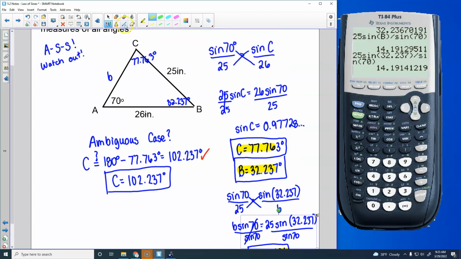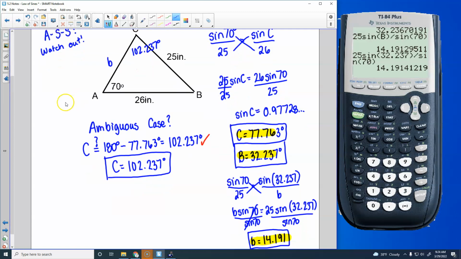So let's go back now and imagine that instead of 77.763, we've got 102.237 degrees. All right, so for this, to find B, we're just going to have to do 180 minus 70 minus the 102.